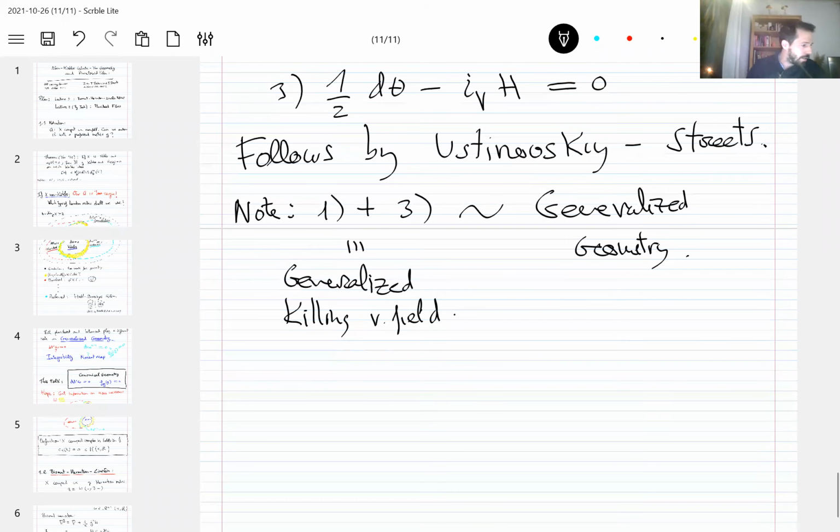So let me state the main theorem I want to prove, which gives an answer to question number 2. So theorem, jointly with Josh, Jordan, and Jeff Streets.